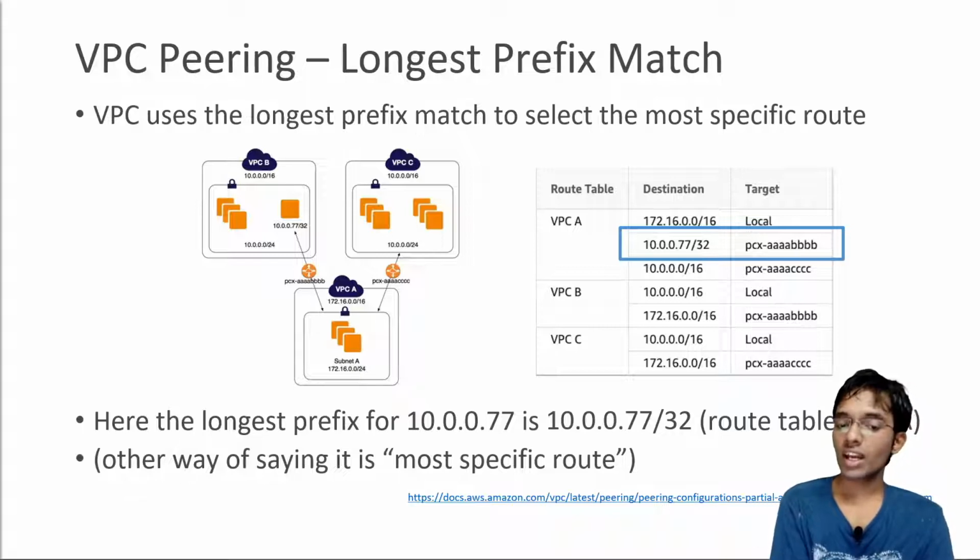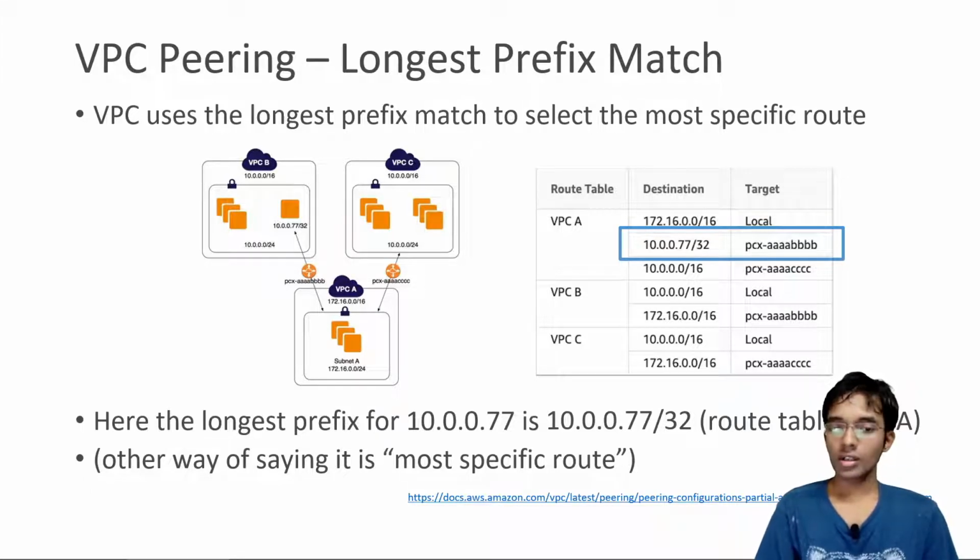So once you understand this, that means that the most specific route is going to have precedence over the larger routes. This is very intuitive, but it's nice to point out here.